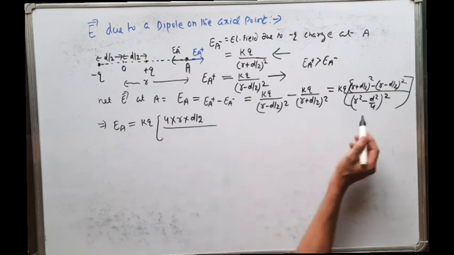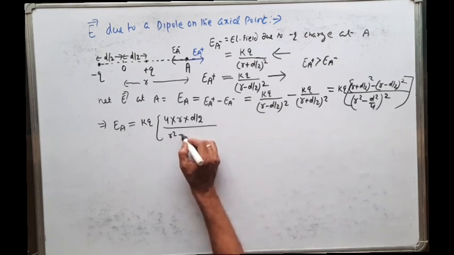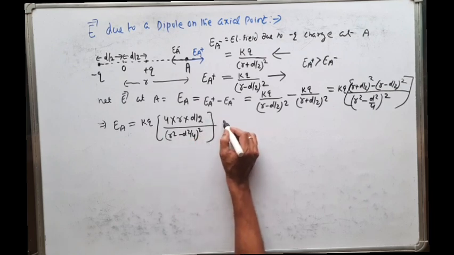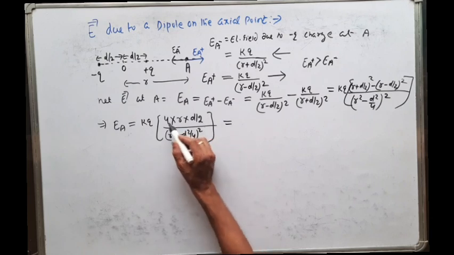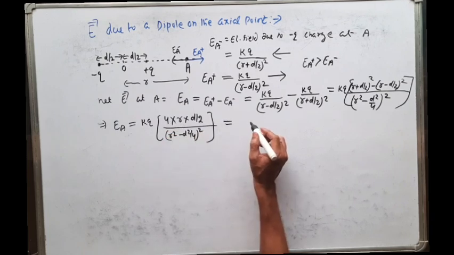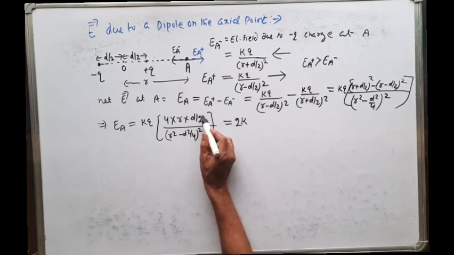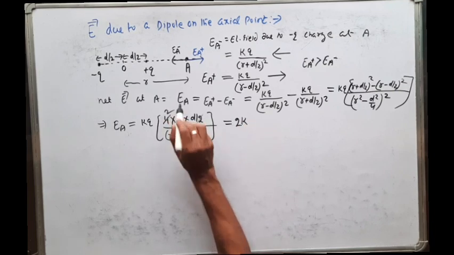This is divided by r square minus d square by 4, whole square. So that is 4 over 2; the 2 cancels. So you get K, this 2, this 4, so 2.